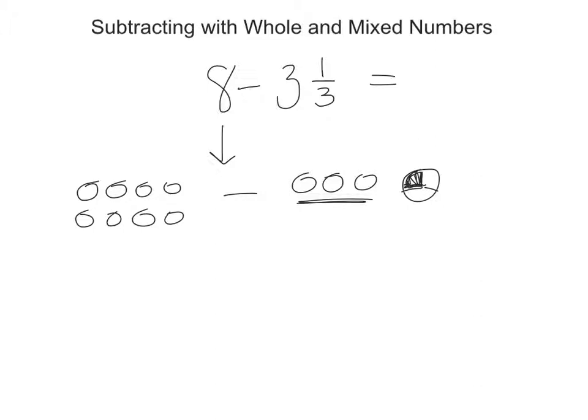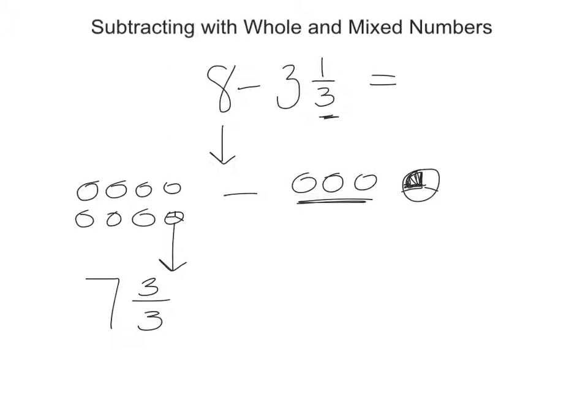And what I can do is take one of these pizzas and turn it into a fraction so that I would have 7 whole pizzas. And then looking at my denominator, I want my pizzas cut into thirds. So if this pizza was cut into thirds, the fraction would look like 3 out of 3 slices.